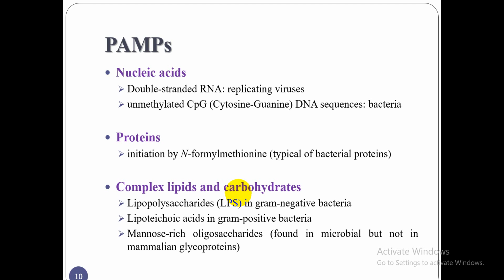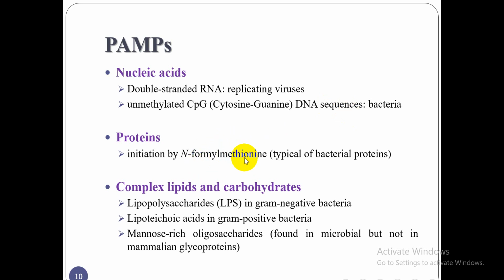Also, some DNA sequences like unmethylated cytosine guanine DNA sequences are features of bacteria, and they are a kind of PAMPs.